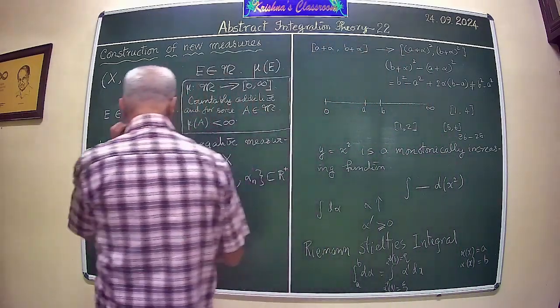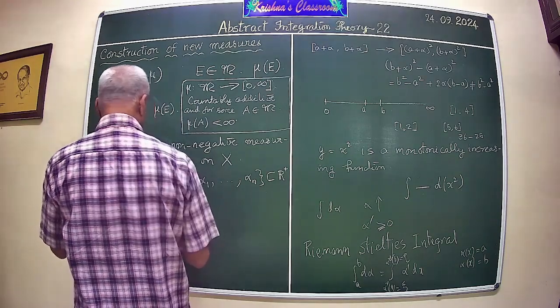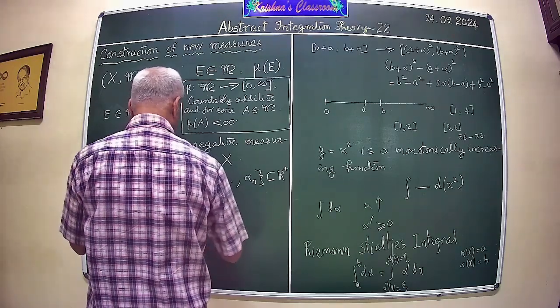Then you take A i equal to S inverse of alpha i.